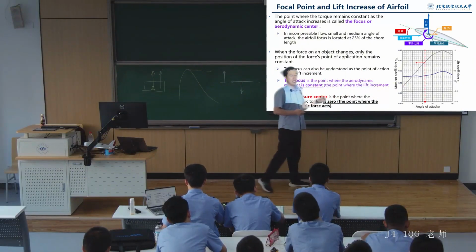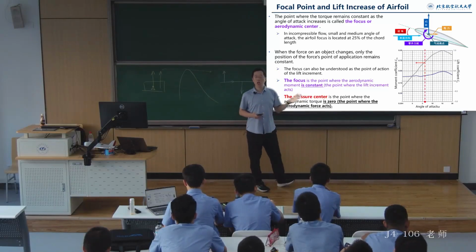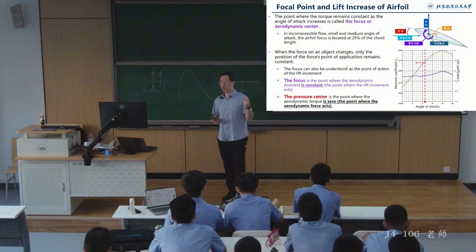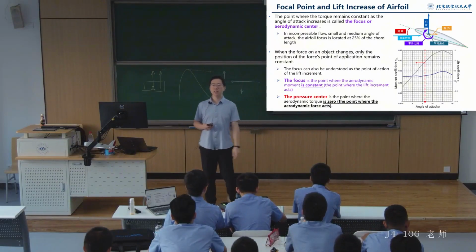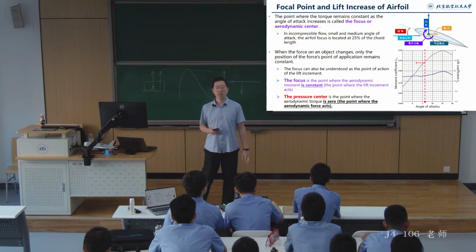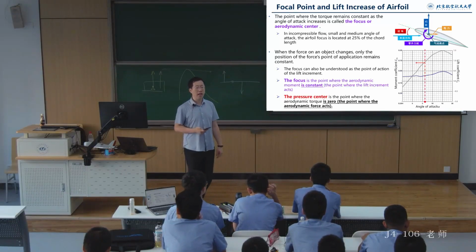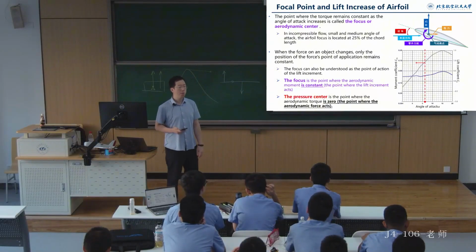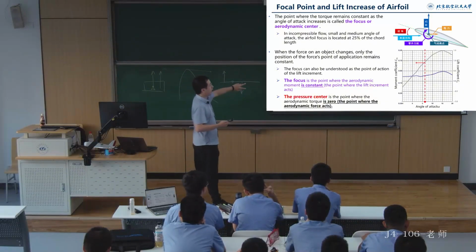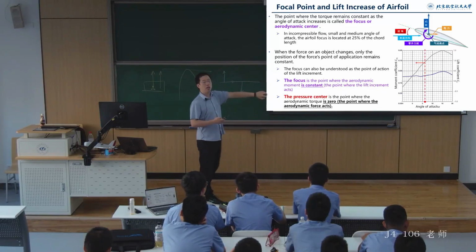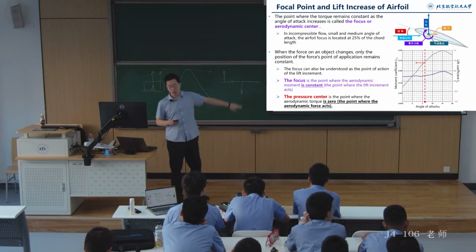The center of pressure refers to the point of application of the aerodynamic resultant force. How should the moment be? The moment is zero at such a point, right? We need to distinguish between these two concepts. Later on, especially in pilot exams, this concept is tested quite frequently. In your future licensing exams, we will discuss it in more detail later.